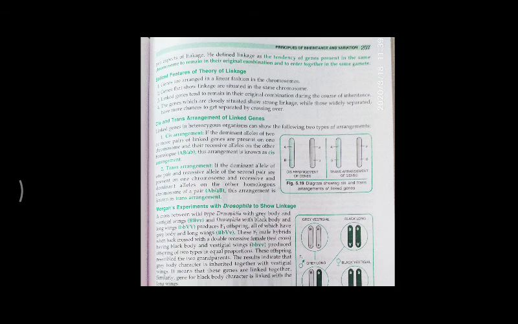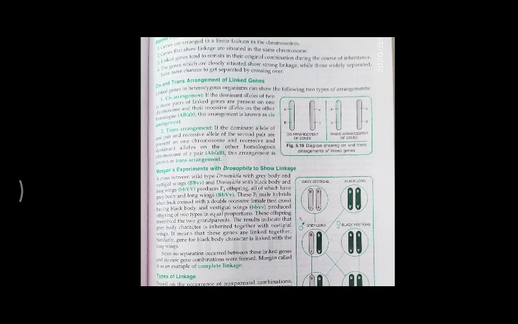Second, genes that show linkage are situated in the same chromosome. Third, linked genes tend to remain in their original combinations during inheritance. Fourth, genes which are closely situated show strong linkage, while those widely separated have more chance to get separated by crossing over. So these are the special points related to the theory of linkage.